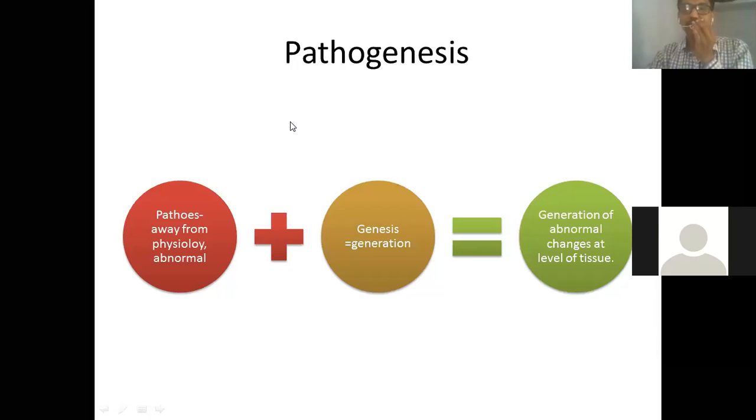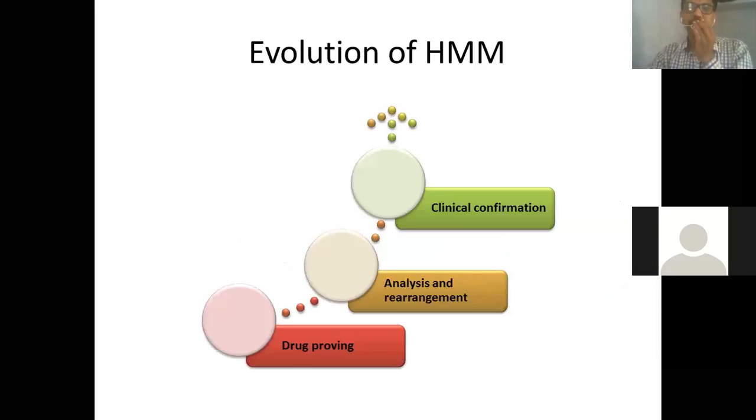Before going further, we will focus on one more slide emphasizing the evolution of homeopathic materia medica. If you recollect, this slide was there in the Science and Philosophy of Homeopathic Materia Medica. How is the materia medica constructed? First, the experiments of drug provings are conducted.